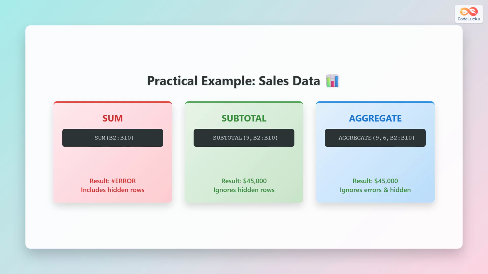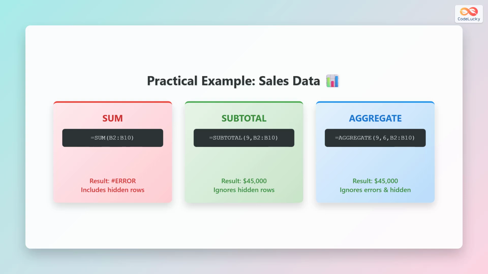Let's look at a practical example to compare the sum, subtotal, and aggregate functions. Suppose we have sales data in cells B2 through B10, with some rows hidden and some cells containing errors. If we use SUM(B2:B10), the result will be an error because sum doesn't handle errors.